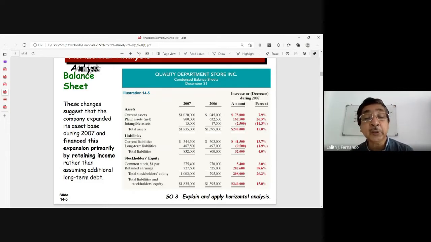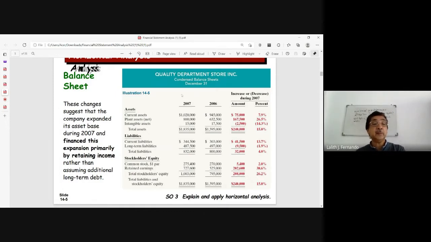But if you take the total assets, you can see it's an increase from 1.595 million to 1.835 million, and the difference is 240,000, and 240 divided by 1595 comes to 15%. So that is how it goes.